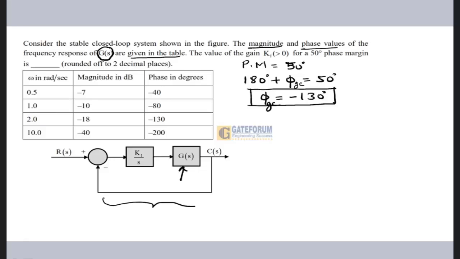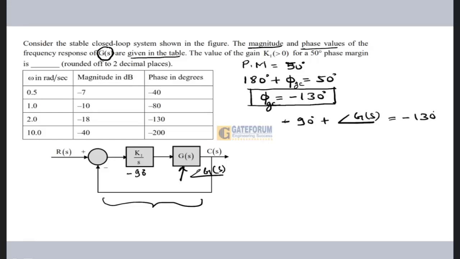I am having the overall phase: for K1 by S, I am having minus 90-degree phase, and for this I am having the phase angle G(S). So that is equal to minus 130-degree. So minus 90-degree plus angle of G(S) is minus 130-degree.